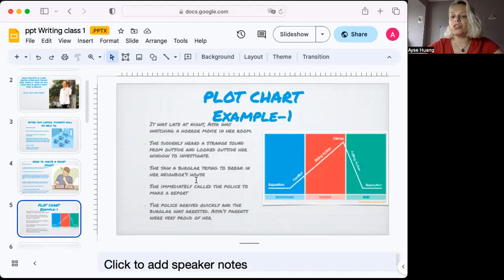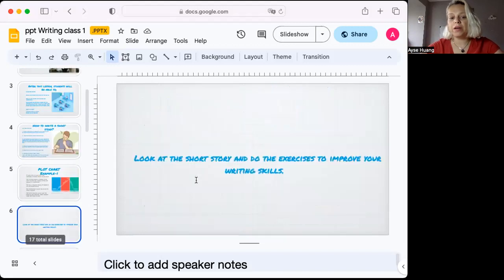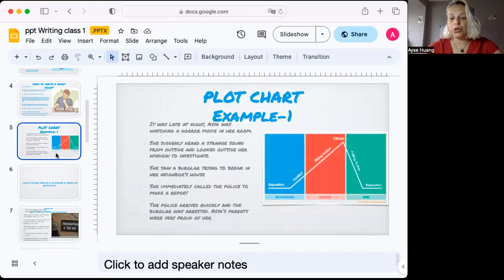Let's see a plot chart example, which I will explain for you. Okay. You can see exposition, conflict, rising action, climax, and falling action and resolution, right? You can see it in this picture. Okay, let me read it for you. It was a late night.